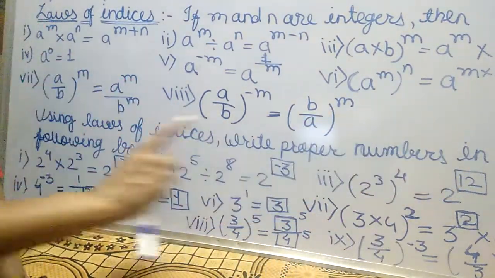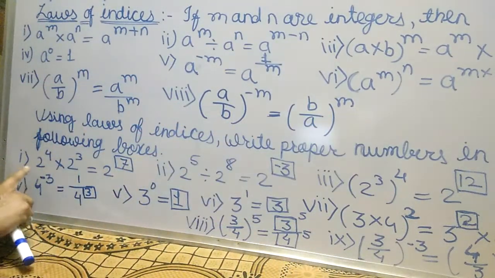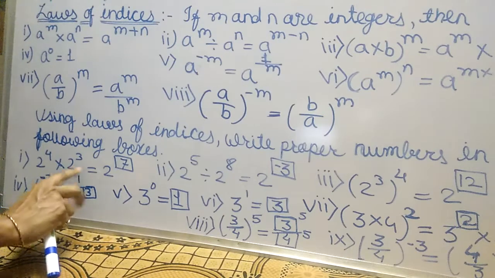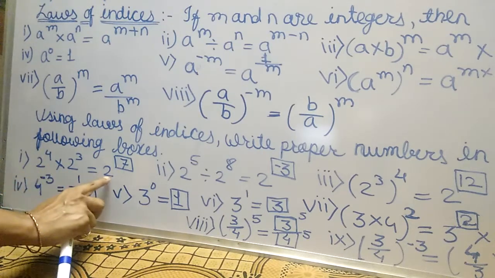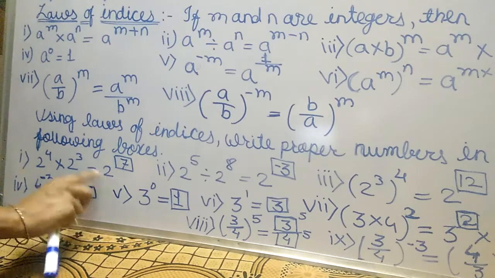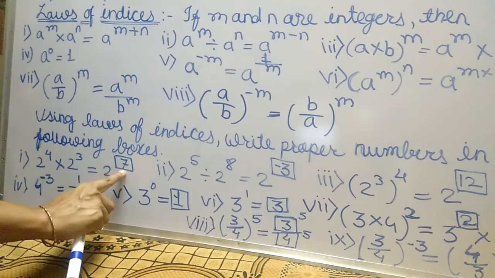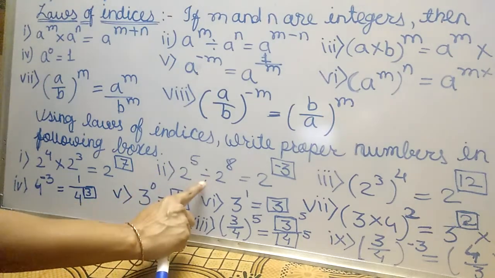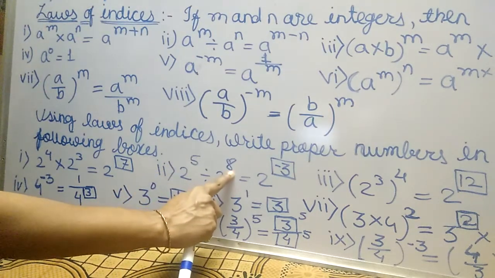Now, using laws of indices, write the proper number in the following boxes. First example: 2 to the power 4 multiplied by 2 to the power 3 equals, write down 2 as the common base, 4 plus 3 we get 7 as the answer in the box. Second example: 2 to the power 5 divided by 2 to the power 8.